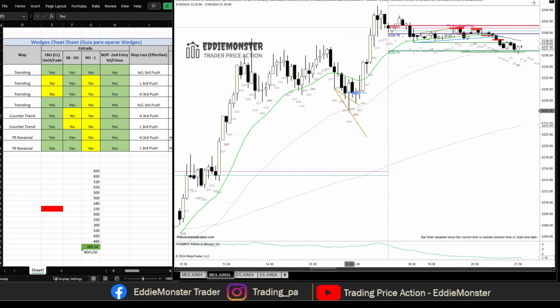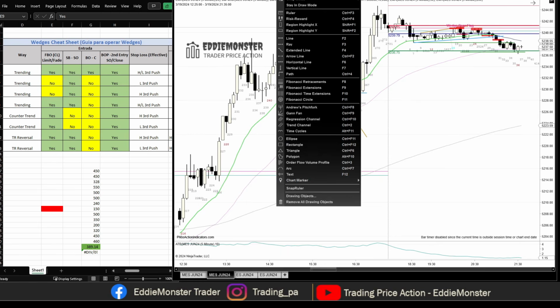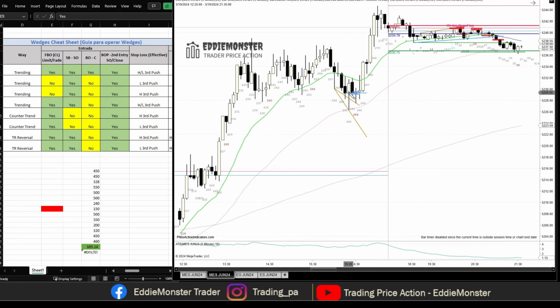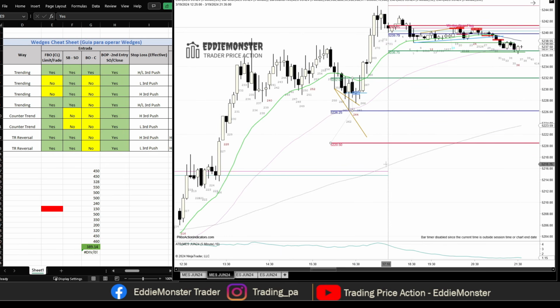Then clearly the issue here is that you might have a third push down, but you realize that you are at the moving average. So you can take that risk, but then you need to really put the stop right below this, something like this.